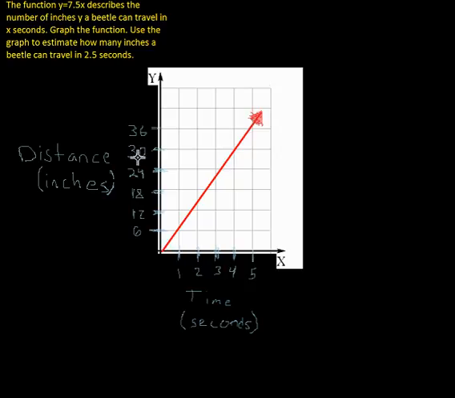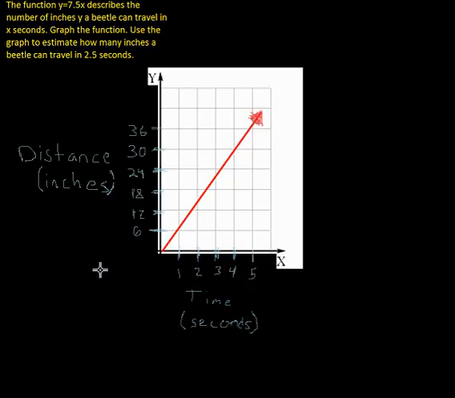So this is what the graph of 7 and 5/10 times x, or 7.5x, looks like. And notice the labels on the graph, both labels. My x-axis represents time in seconds, and my y-axis represents the distance that a beetle travels in inches.